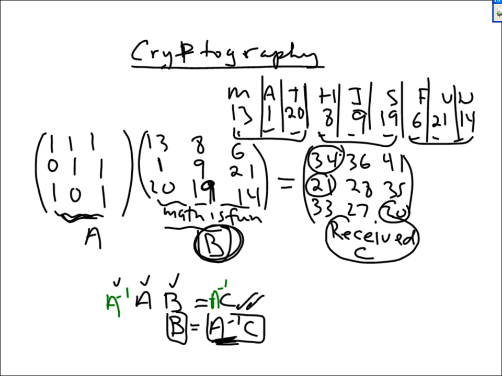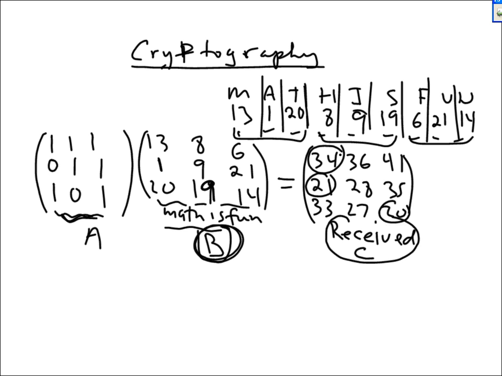Don't tell anyone A inverse. So you encoded the message, and then by multiplying on the left by this matrix A, you coded matrix B, which easily translates to math is fun, and you multiplied it on the left by A, and you emailed it to your friend, and they received the matrix at the right.